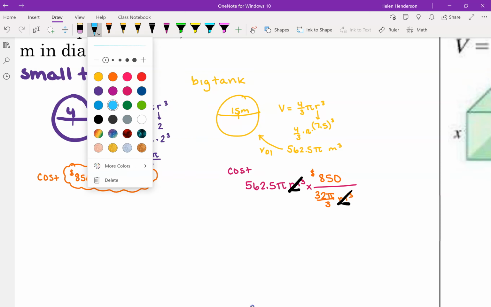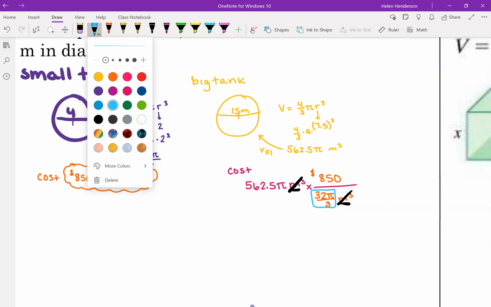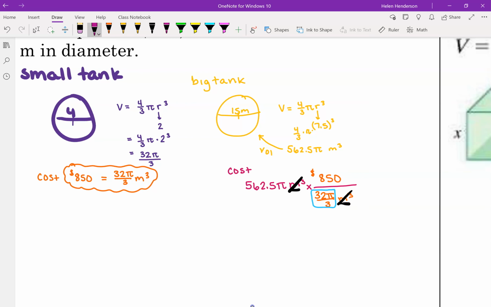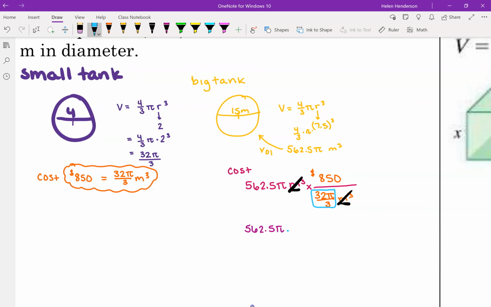So now you have to remember that for fractions on the bottom, you're going to flip them into timesing. So I have 562.5 pi. And now instead of dividing by 32 pi over 3, I'm going to times by 3 over 32 pi.